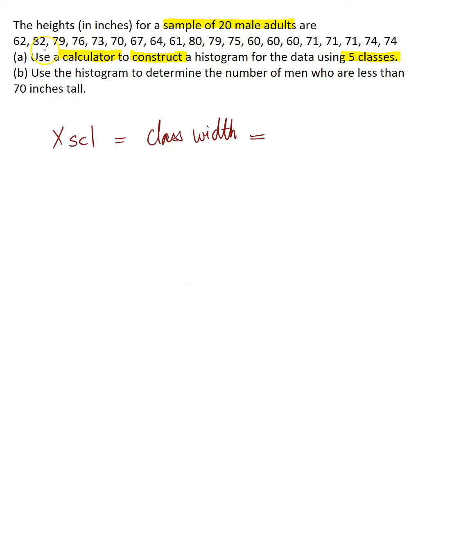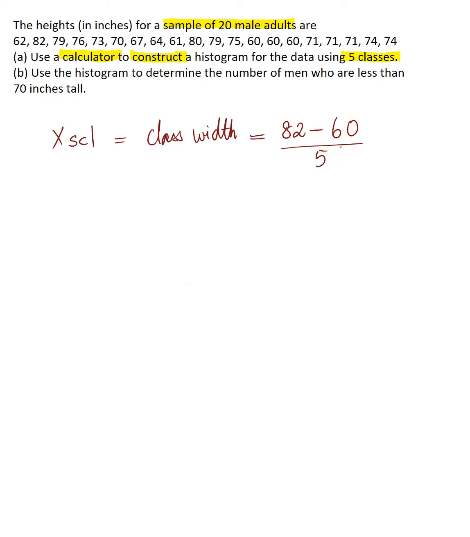And again, go ahead and look for the maximum value you have, which will be 82, right? Minus the minimum value, the smallest value we have is 60. Divided by the number of classes we want.